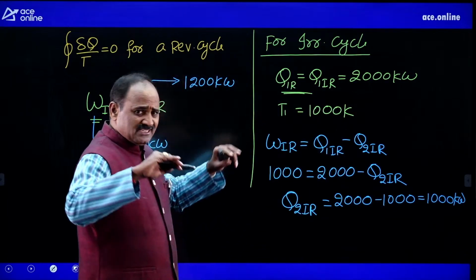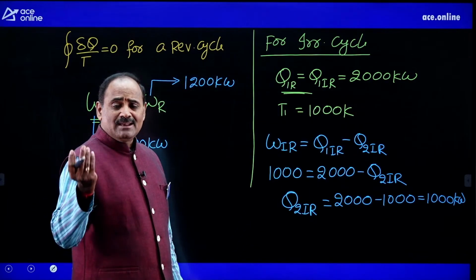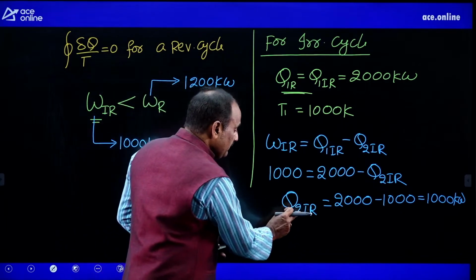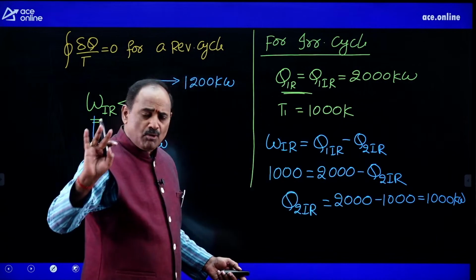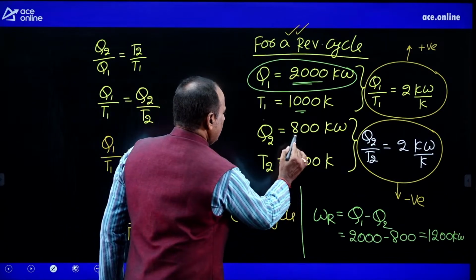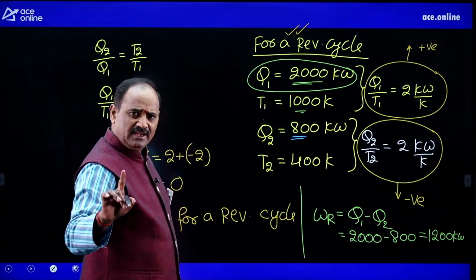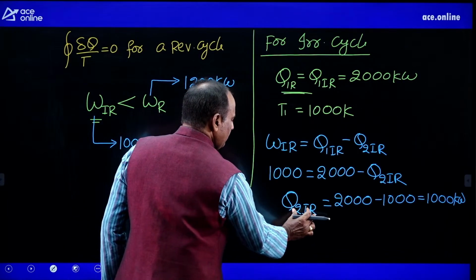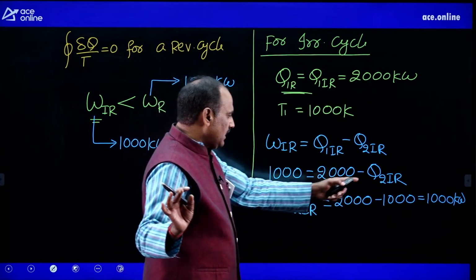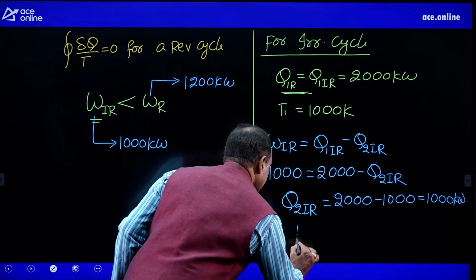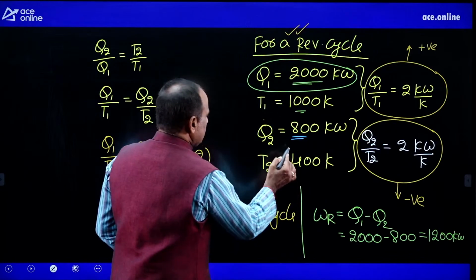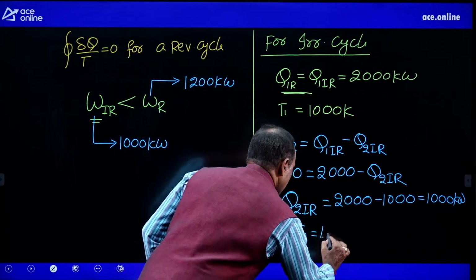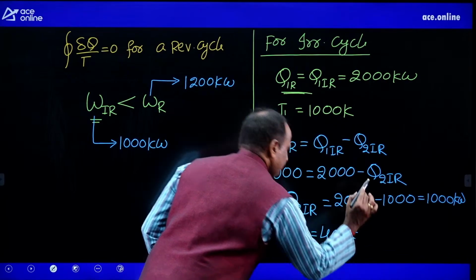That means for the same amount of petrol burning in both engines, the heat rejected by the irreversible heat engine is more compared to the reversible heat engine. The heat rejection is 1000 kilowatts at temperature T2, the same as the reversible heat engine cold source temperature, that is 400 Kelvin.